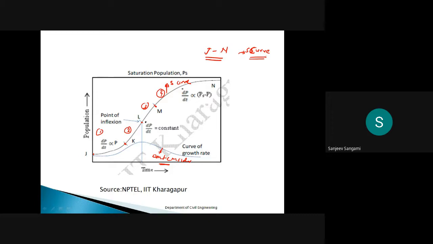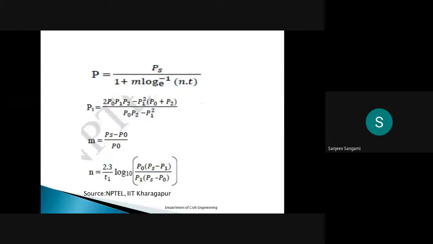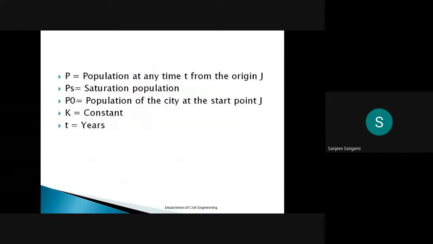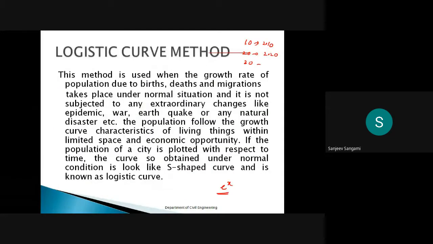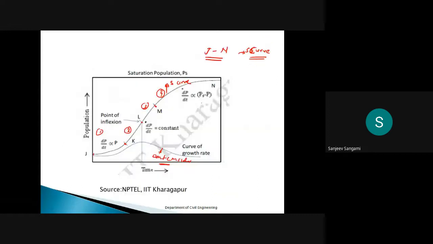So starting from J, let's see how exactly this is going to happen. From J to K, dp by dt is directly proportional to p, the population.